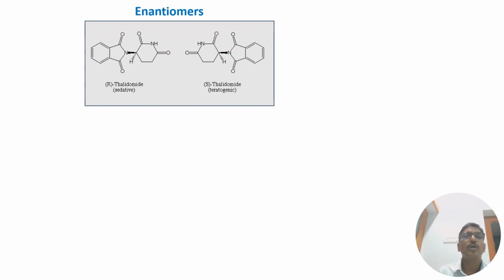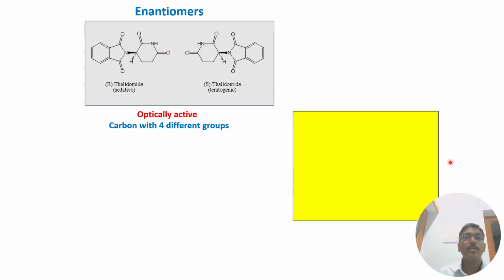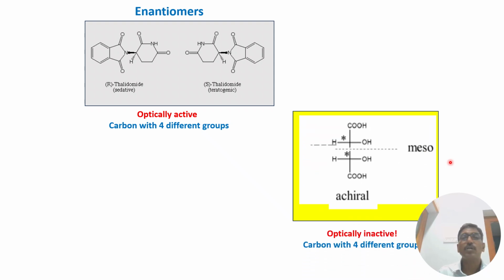Now we need to conclude what is the primary criteria for a molecule to show optical activity. For example, R and S thalidomide are both found to be optically active because the carbon is having four different groups. There is no doubt. When we looked at the other example, mesotartaric acid, despite having a carbon with four different groups, it is found to be optically inactive.